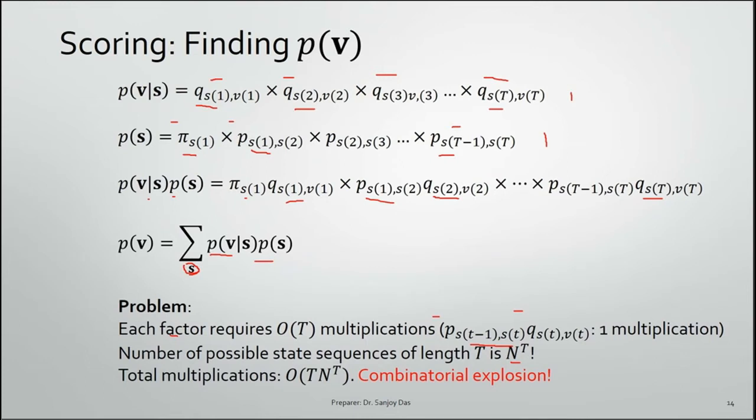Therefore, we require a different algorithm to find the probability of V. That's where we have the forward algorithm and the backward algorithm.